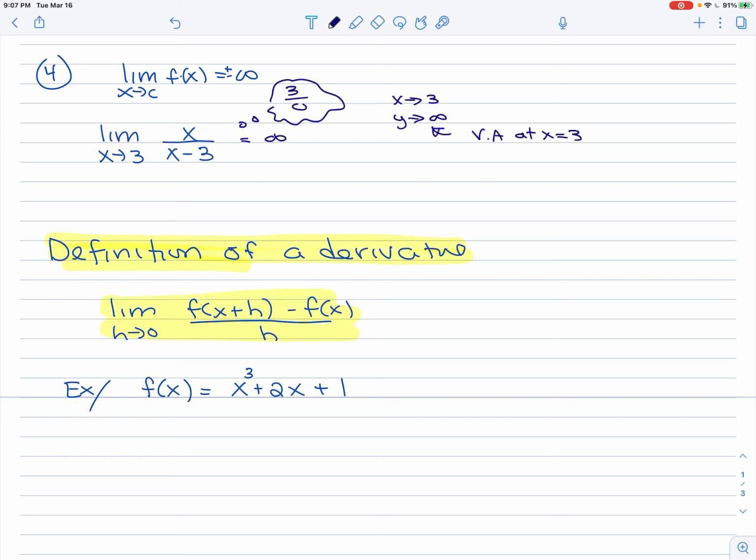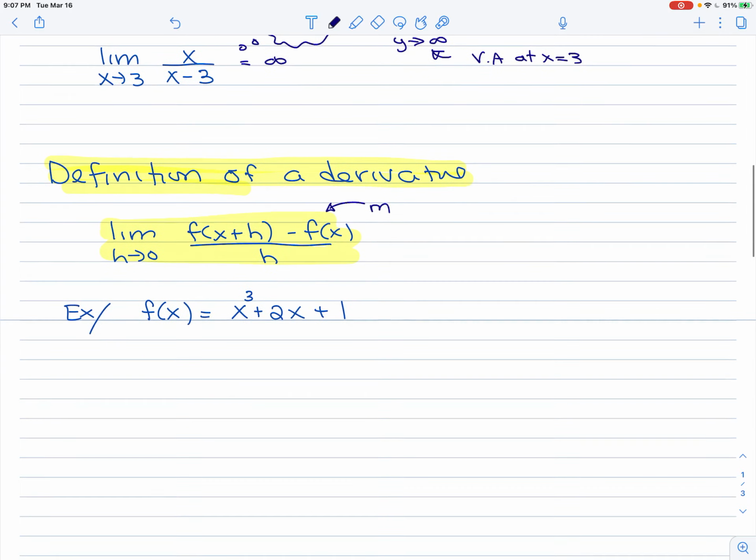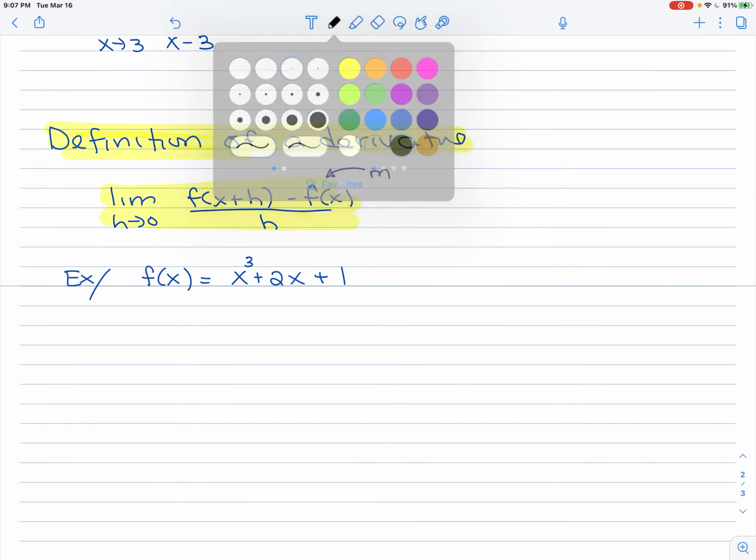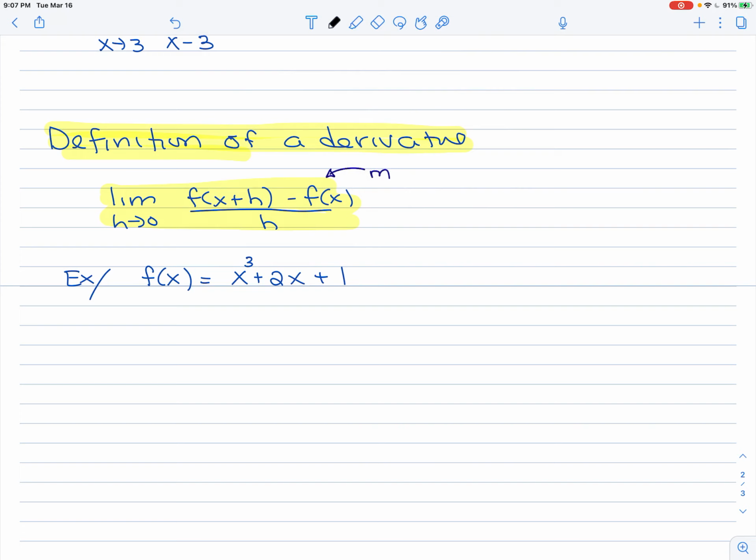It's no longer a y value, it's the limit of an m value. This is slope, right? So what we're saying is as h approaches 0, slope approaches something. Okay, so it'll find us the derivative because it's slope, and it's instantaneous slope because I'm dividing by 0.